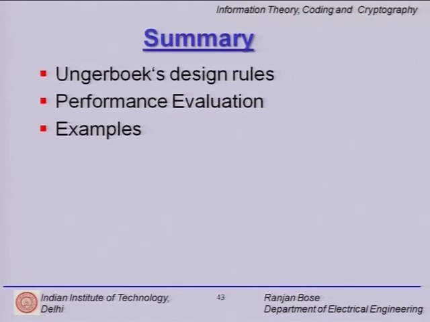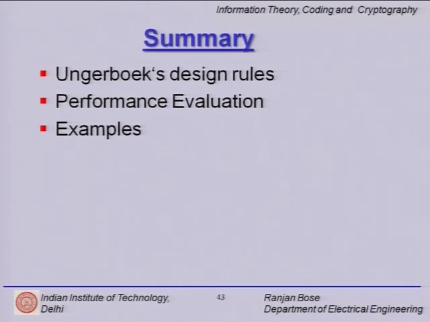So, now we would like to summarize what we have done today. We have revisited Ungerboeck's design rules, where we wanted to understand how the parallel transitions and diverging and merging back paths are assigned. Then we looked at how to evaluate TCM schemes over an additive white Gaussian noise channel.